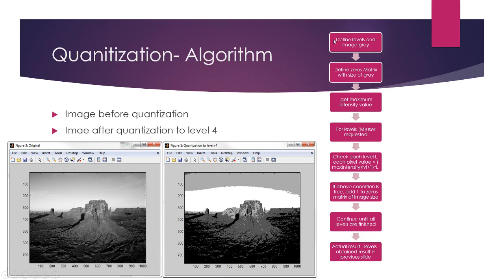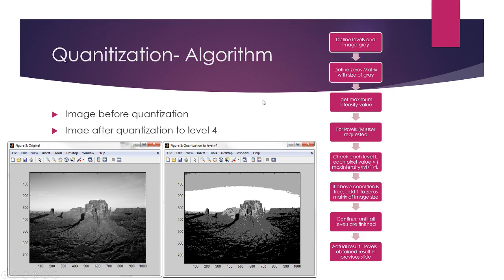Here we have the flowchart which describes the levels I've defined, and then the gray image that you want to quantize. Then for MATLAB, I've learned from my colleagues that we have to use a zeros matrix, which is much more stable than defining pointers and things like that.